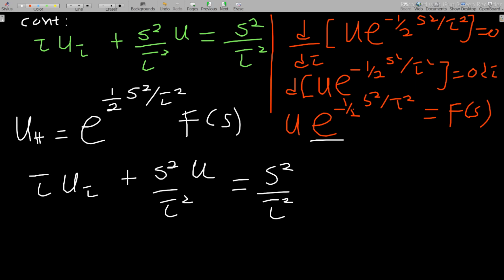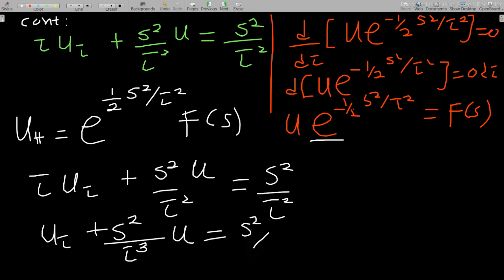Now if I divide through by tau, I'll get u_tau plus s squared over tau cubed u should be equal to s squared over tau cubed.